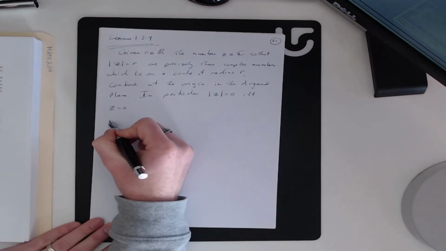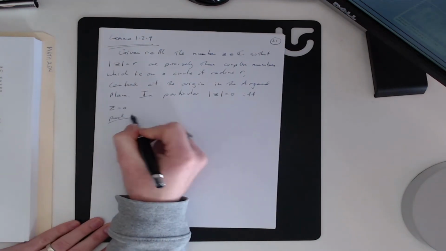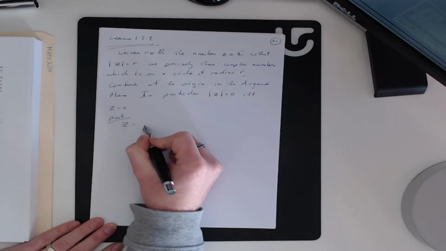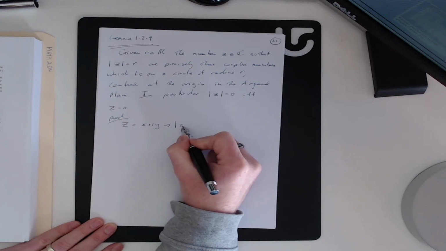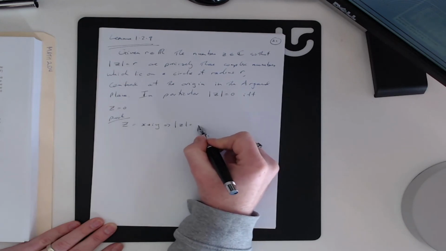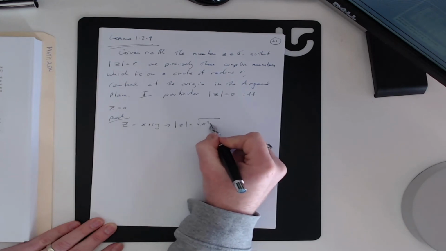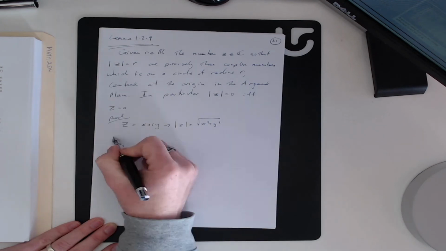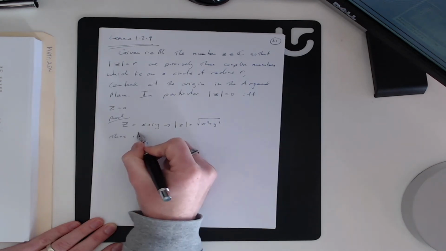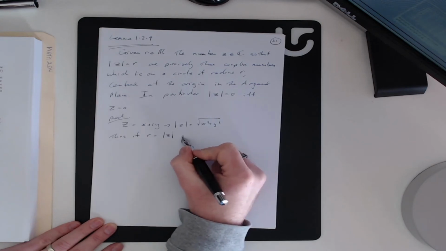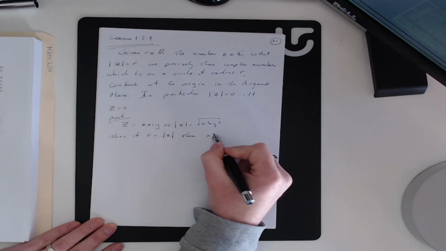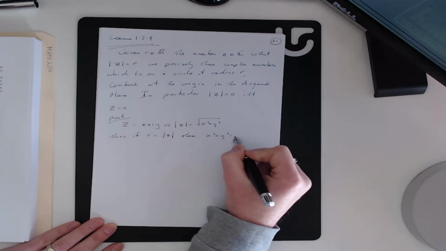Okay, so proof. Z equals x plus iy implies that the modulus is equal to the square root of x squared plus y squared. Thus, if R is equal to the modulus, then x squared plus y squared equals R squared.